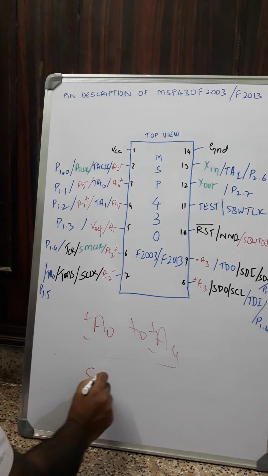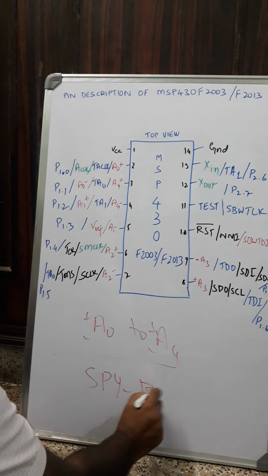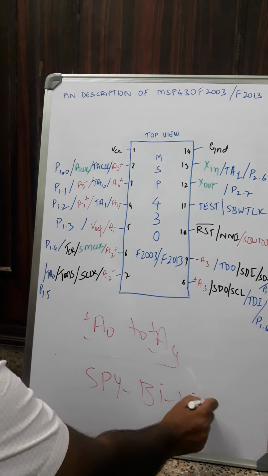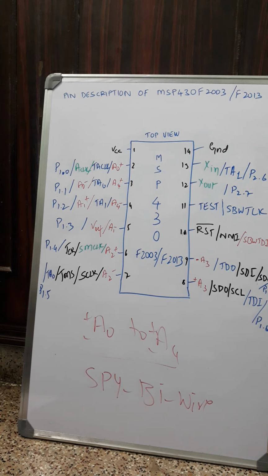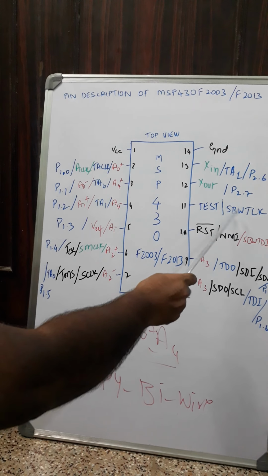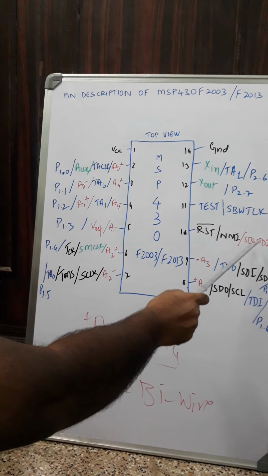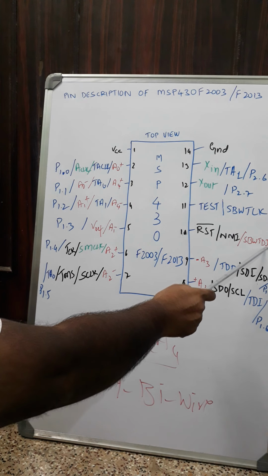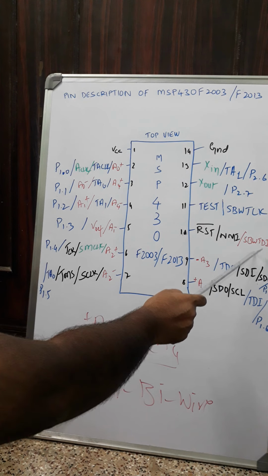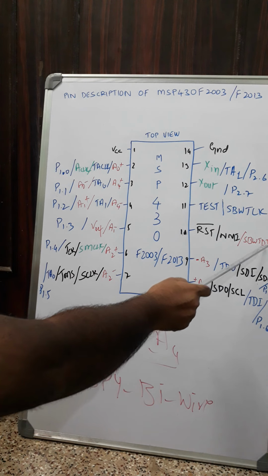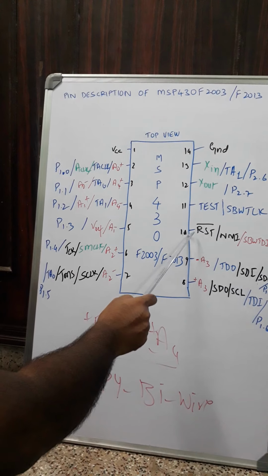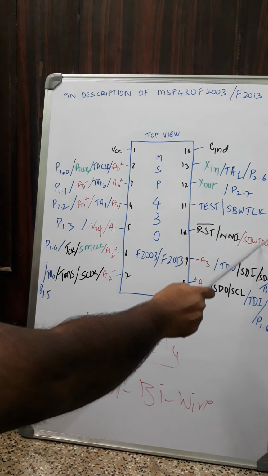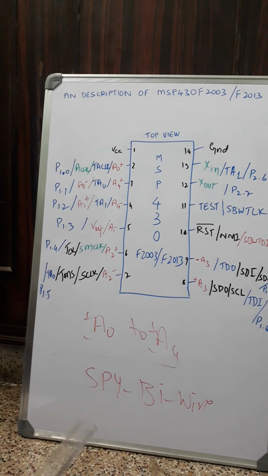It needs 2 signals. So you have got the Spy-Bi-Wire clock signal, and the data input and data output are both transacted on a single pin. So only 2 pins are there for the sake of Spy-Bi-Wire.